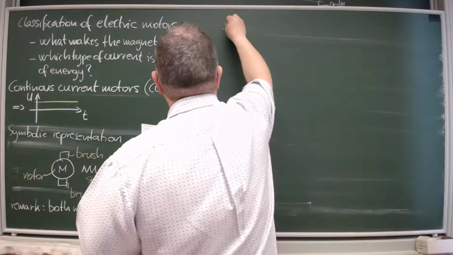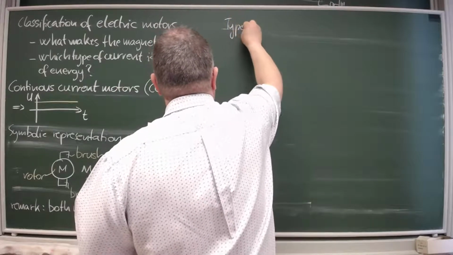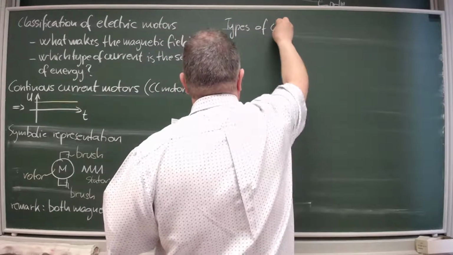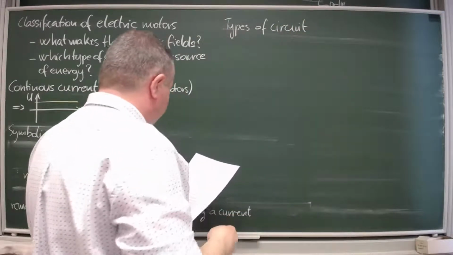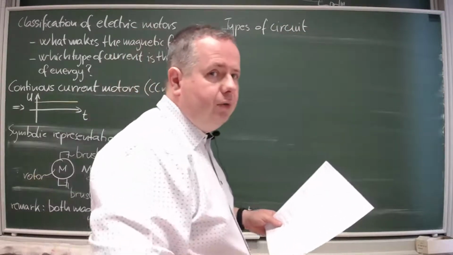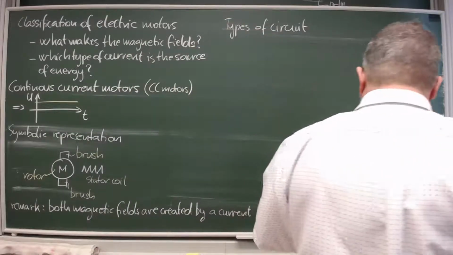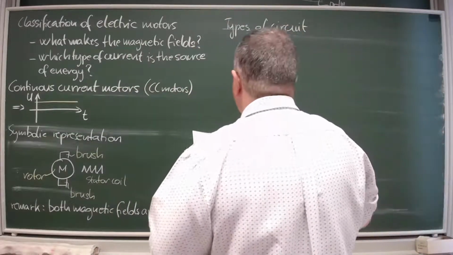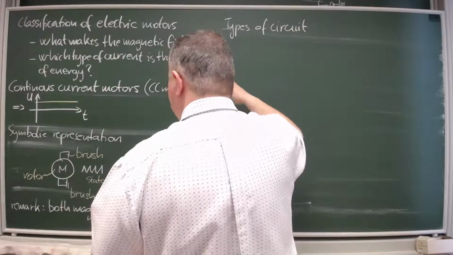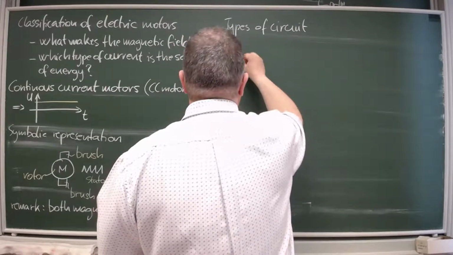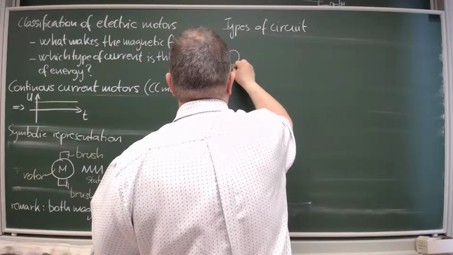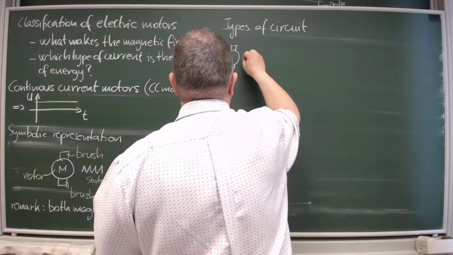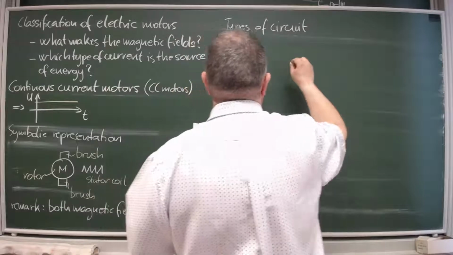Types of circuit for the continuous current motors. I will use the symbolic representation I've just presented. We will have 4 of these. I will draw 4 symbols.